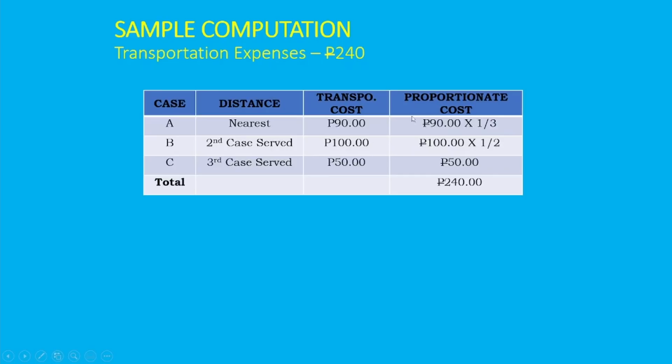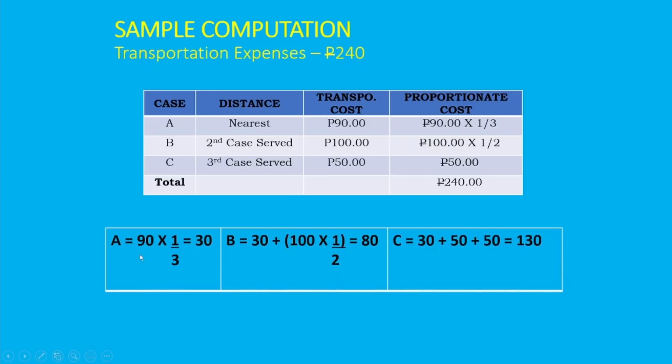So divided by 3. The computation: A, 90 times 1/3, 30 pesos shall be allocated to A. Then the process server or sheriff proceeded to the place of B and incurred 100 pesos cost. This 100 shall be divided between B and C, so 50 pesos for B. So the total expenses incurred for B amount to 80 pesos.